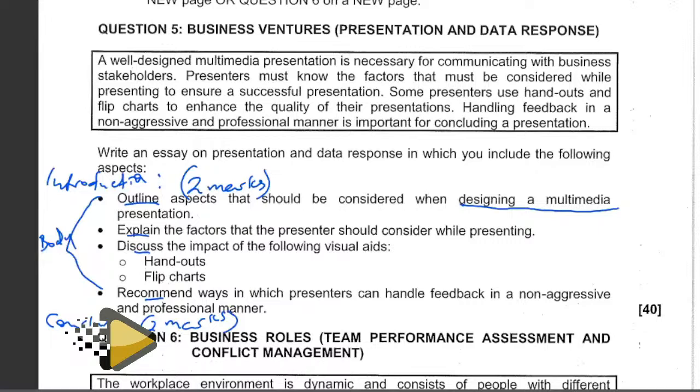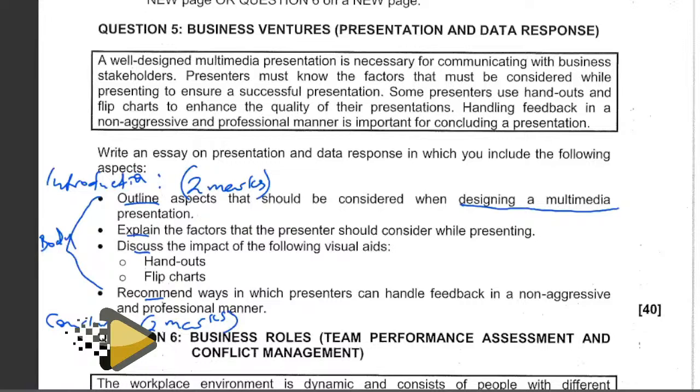Also use pictures to make it very interesting to your audience, because the moment it contains pictures, you are going to make sure that your audience are enjoying your presentation.